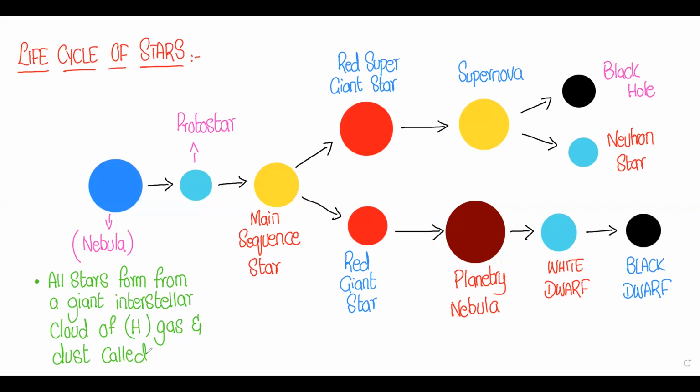So this is the origin of all types of stars, how a star is formed in space, and we call it a nebula. That is the very first step.